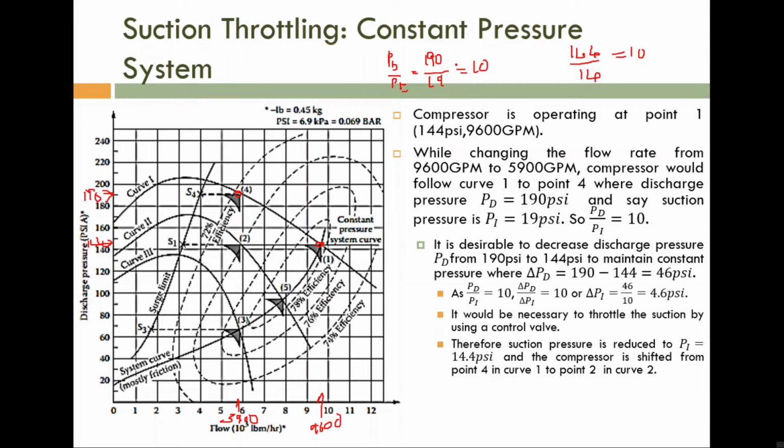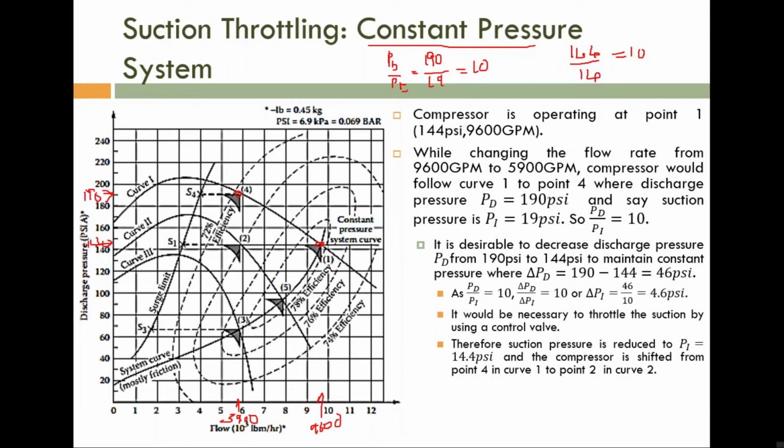So this is 190 psi. Throughout this curve, suction pressure is constant. For explanatory purpose, say that is 19 psi. So definitely the compressor ratio, PD by PI, is 10. But here we want to maintain the pressure at a constant value, that is 144 psi, because this is the current value. If we want to maintain the pressure at 144 psi, what will be the flow rate?